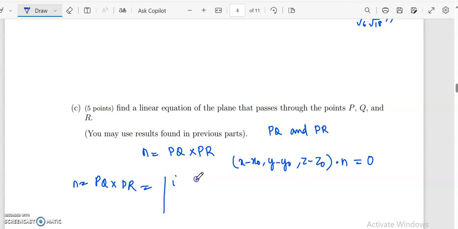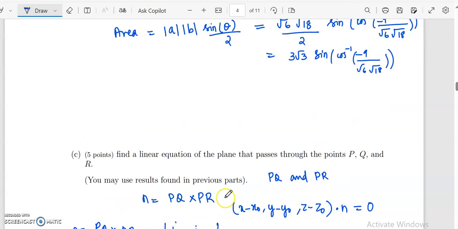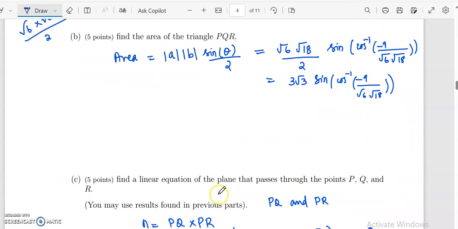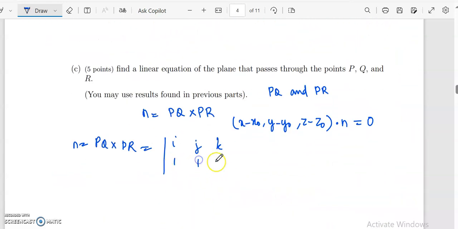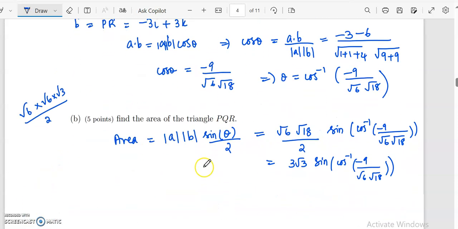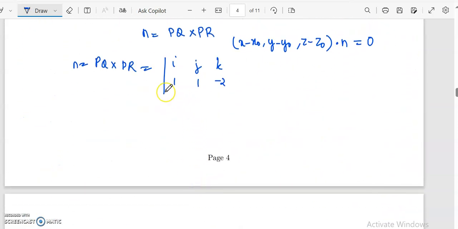So we'll get i, j, k, and components of PQ will be 1, 1, minus 2, and components of PR will be minus 3, 0, 3.